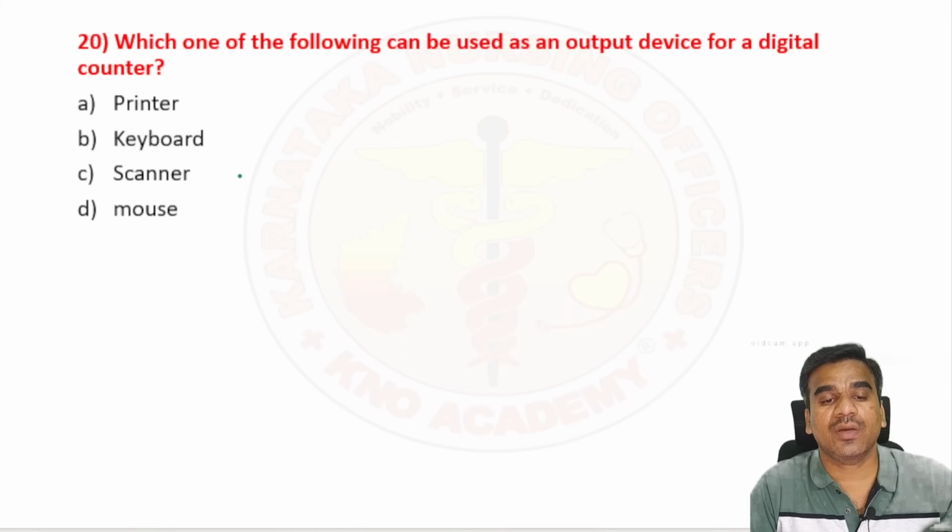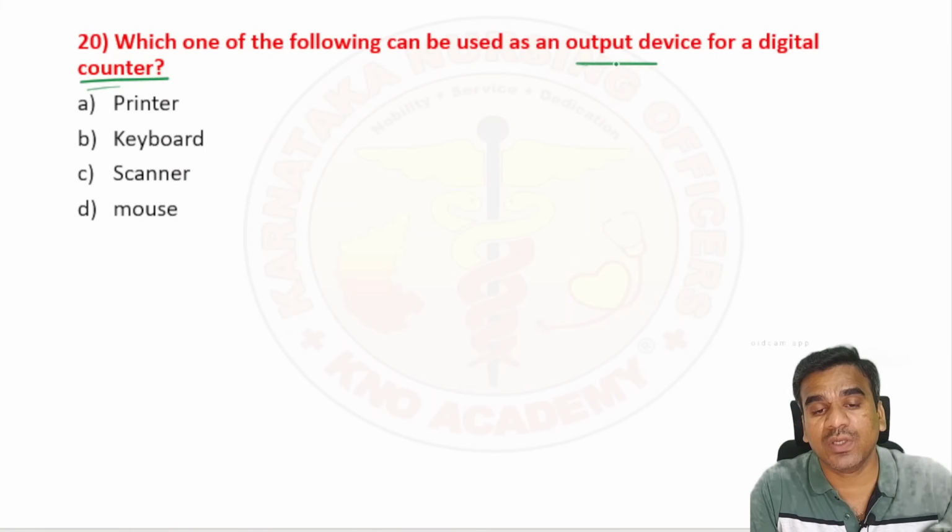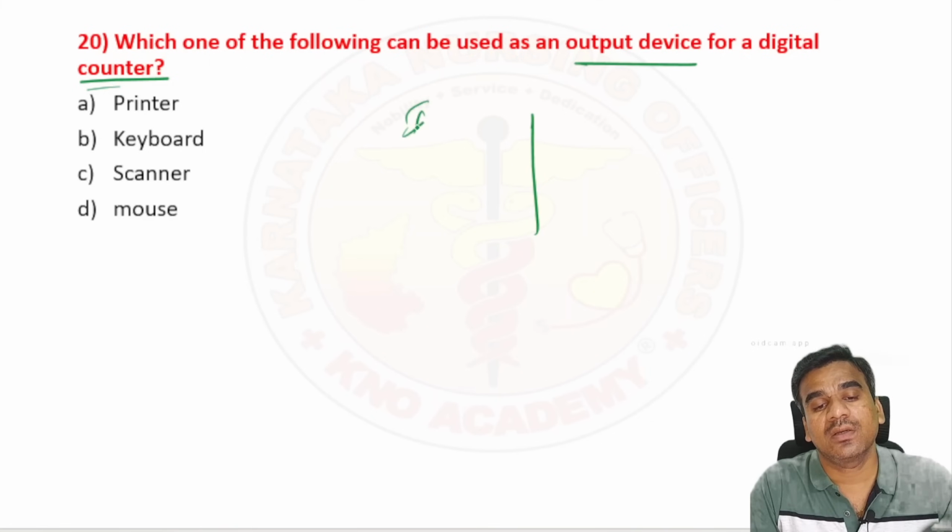Okay. Which one of the following can be used as an output device for a digital counter? So output device. So input devices, output devices. This question has come in KNO Academy.